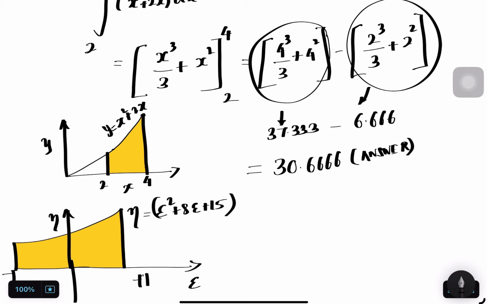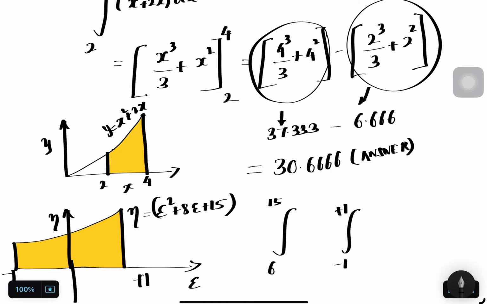So to summarize, any function, and between any limits, it need not always be -1 to 1. It can be from 6 to 15, whatever it is. And if you have an obligation to integrate that by numerical integration, where you always have to have the limit from -1 to +1, then you can follow this procedure.